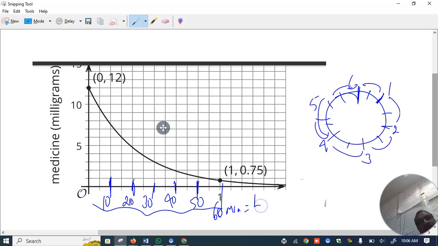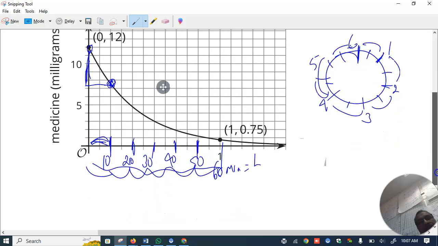So the question is, what percentage is going down for every 10? So we need to know the breakdown here. So how do we find, from 12, what percentage it goes down by? How do we figure that out? And you can see from here 1, 2, 3, 4, 5, 6.